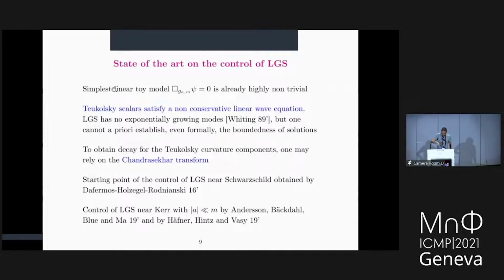Okay, let me start with something even apparently much simpler than the linearized gravity system, which is just the same model as in Minkowski, which is just the wave equation on a Kerr background. So this is a scalar wave equation on Kerr background versus the large entangled system of linearized gravity. So this is certainly even a simpler toy model, but I should say this is already highly non-trivial.